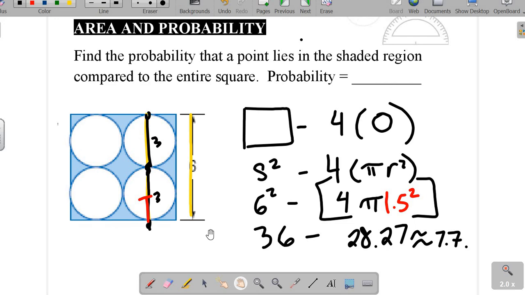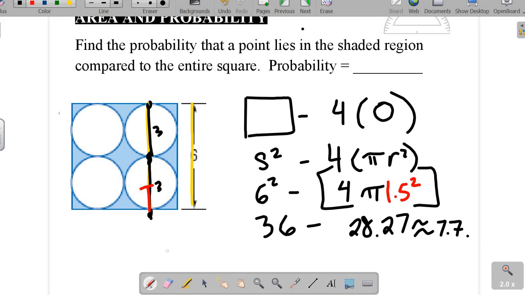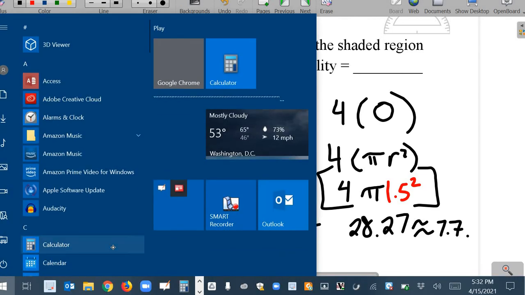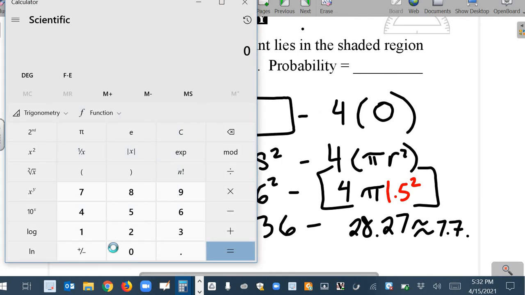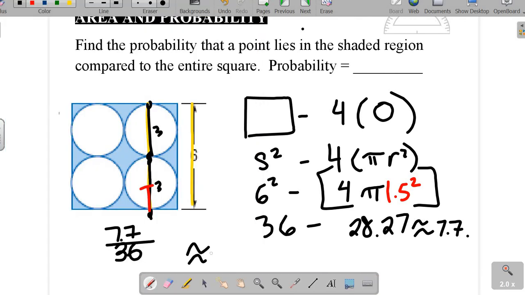Now to get the percent probability that a point will be in the shaded region compared to the entire square, that's going to be 7.7 divided by the whole region, which is 36, and we get approximately a 22% chance.